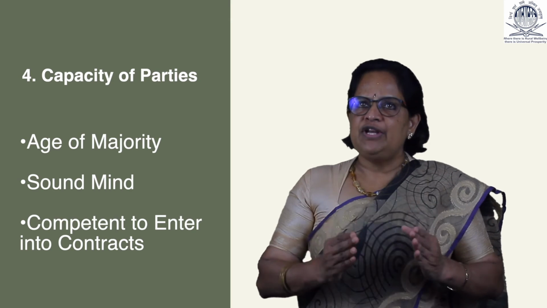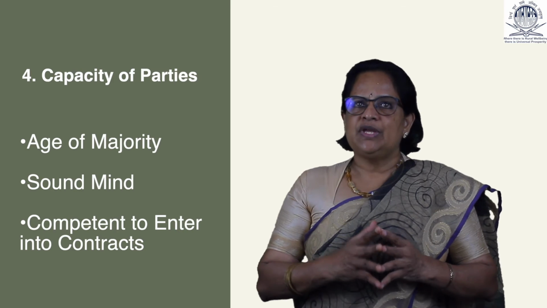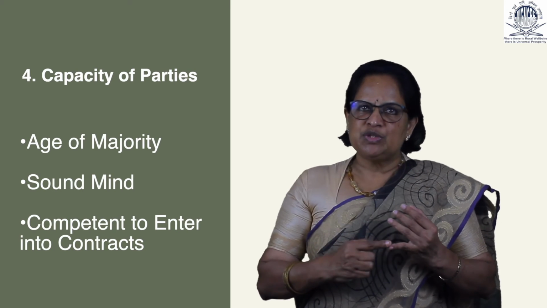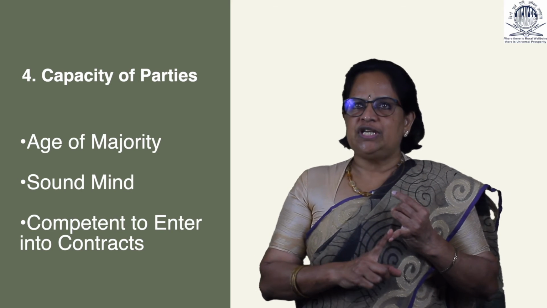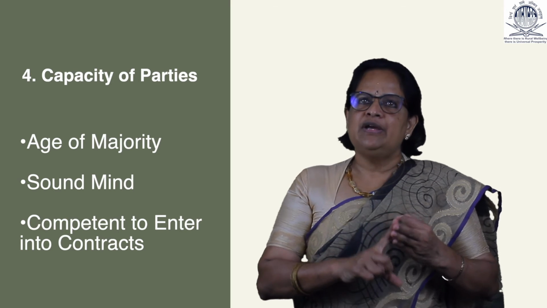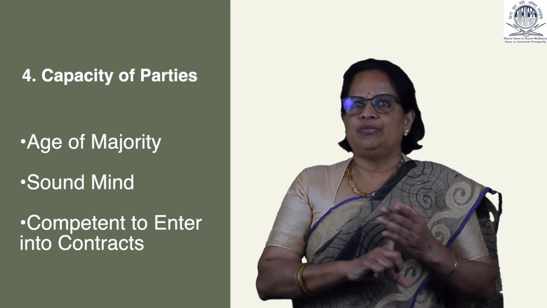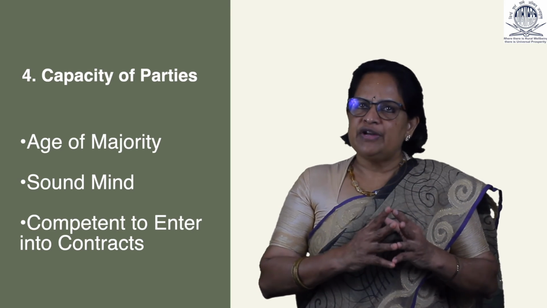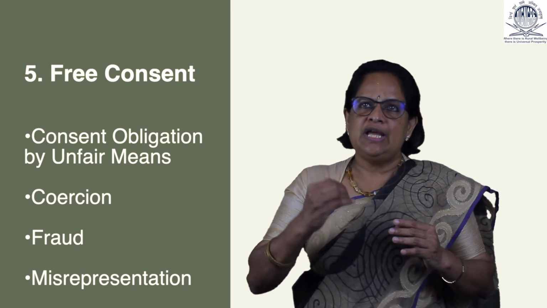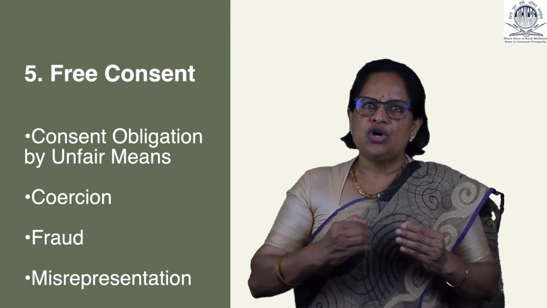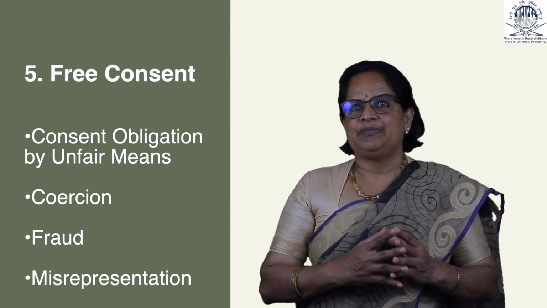As per Section 11 of the Indian Contract Act, in order to be competent to contract, the parties must be of the age of majority, sound mind, and must not be disqualified from contracting by any law. For example, a bankrupt is disqualified from entering into contracts. The next essential element is the voluntary consent to enter into the contract between the parties.